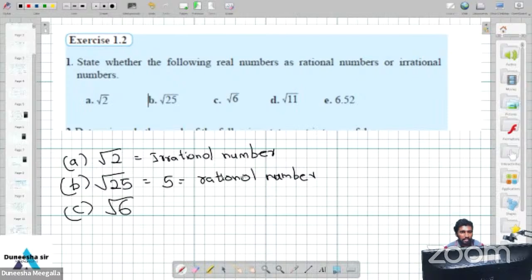මේක හරියට මතක තියාගන්න ඕනේ. Repeating part එකක් නැති වුණ ගමන් ඒක මොකද වෙන්නේ? Irrational වෙනවා. Irrational number. After that, check root 11.